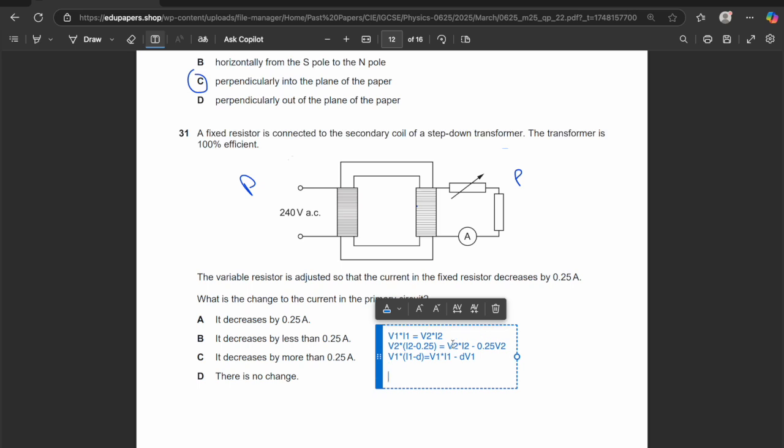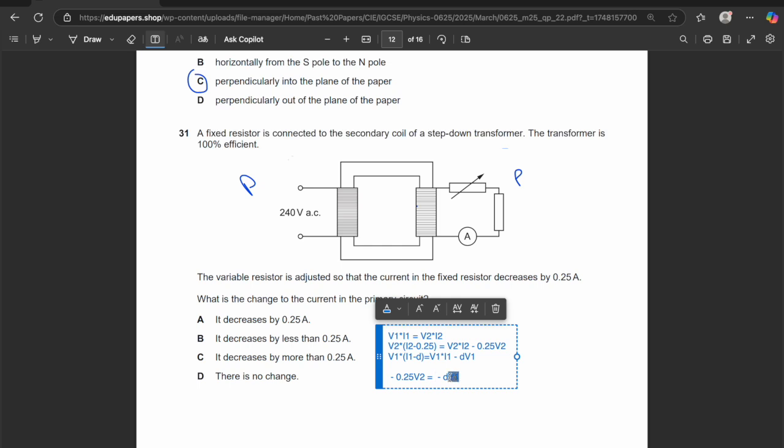To make things clear, I'll make these two equal, because after the decrease they will be equal. So these two terms are equal, so they can be taken out of the equation. So 0.25 into V2 is equal to some difference D into V1.